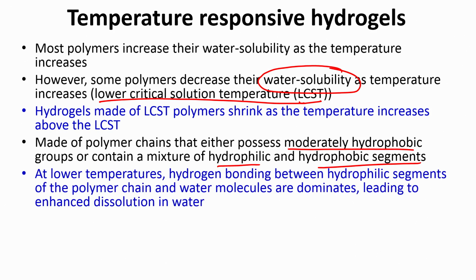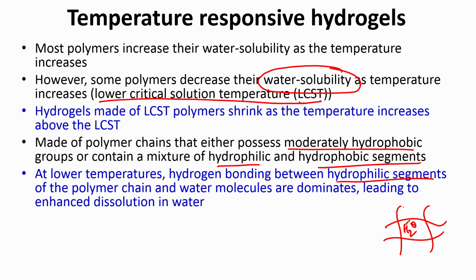As the temperature is increased, the hydrogen bonding between the hydrophilic segments, including the hydrogen bonding between the water and the polymer, starts to go down. But the hydrophobic interactions are actually the inverse.